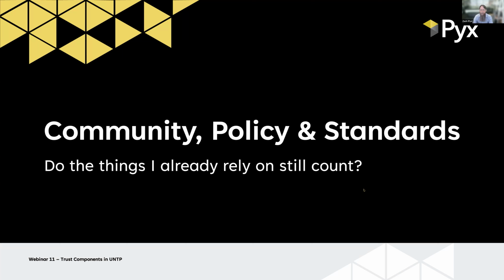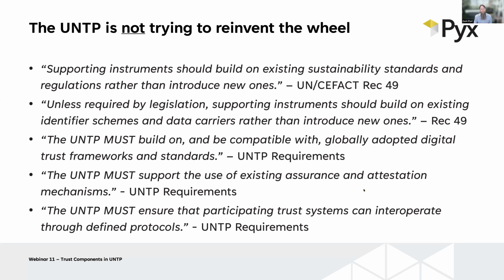Now we're going to talk about community policy and standards that support trust in global trade ecosystems. And so UNTP is not trying to reinvent the wheel. Just to grab some comments from elements of UNCEFACT Recommendation 49 and the UNTP specifications.